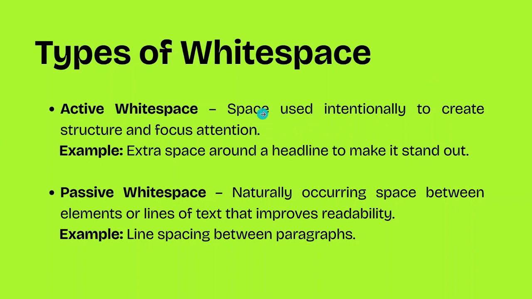If the text is compacted together, with no line space in between, you won't be able to read it. It will be difficult to read. So the essence of passive white space is to ensure readability. Just leaving that minor space between lines helps you to read.